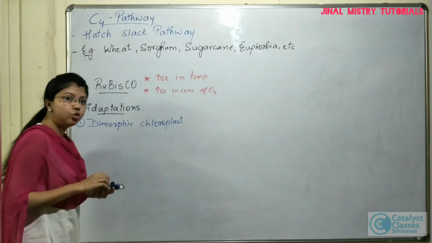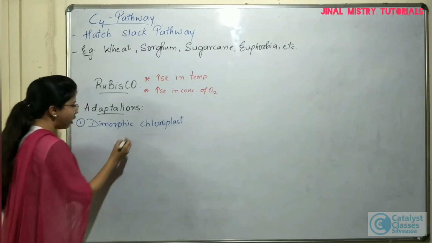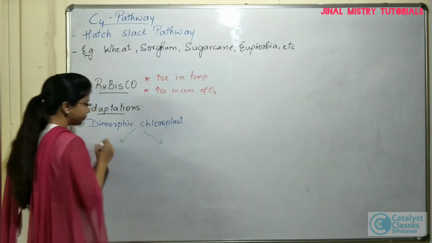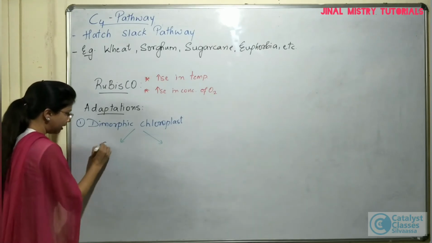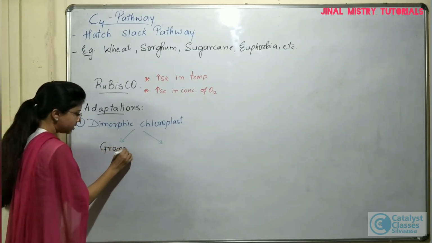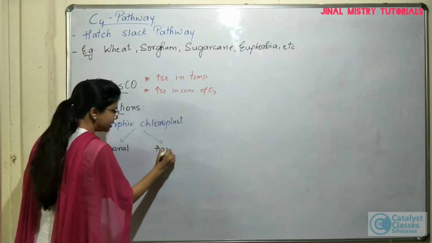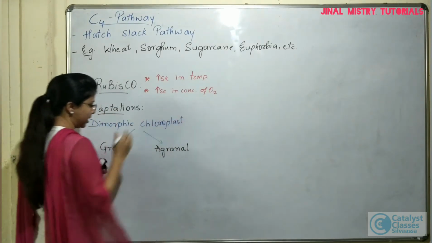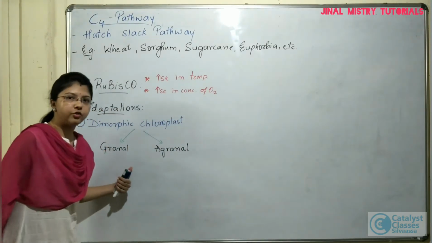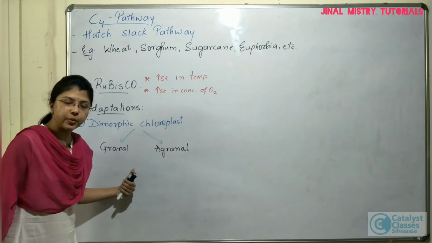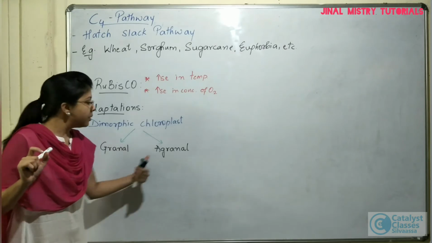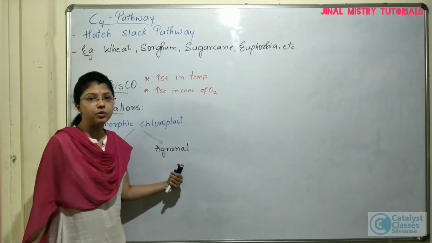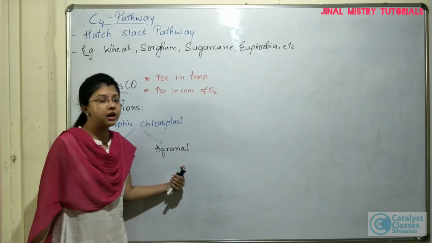Dimorphic means there are two types of chloroplasts in these plants: one is the granule chloroplast and the second is the agranule chloroplast. Granule chloroplast is the one in which grana are present, that means thylakoids have arranged themselves to form the grana, whereas agranule chloroplast is the one in which thylakoids are absent.